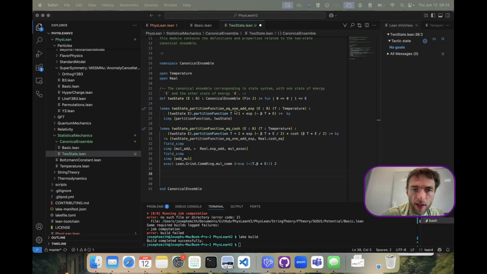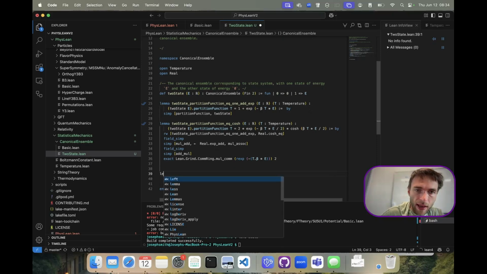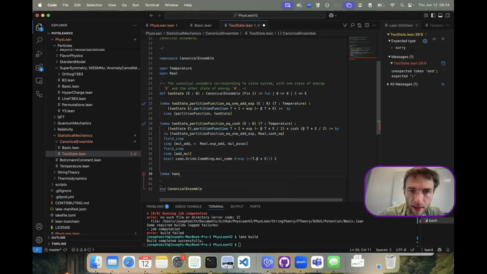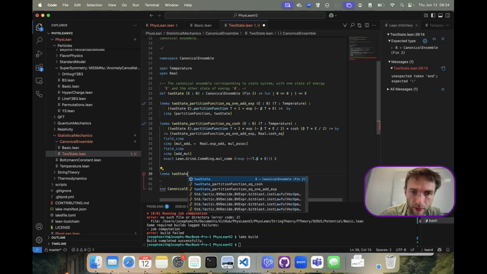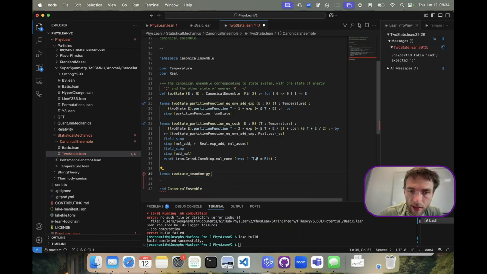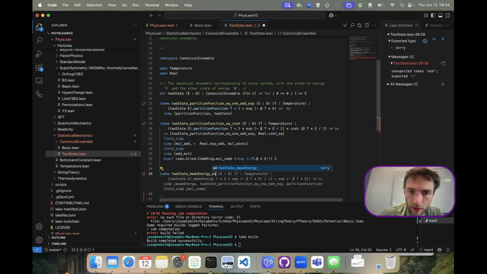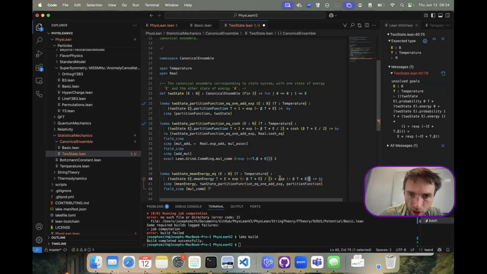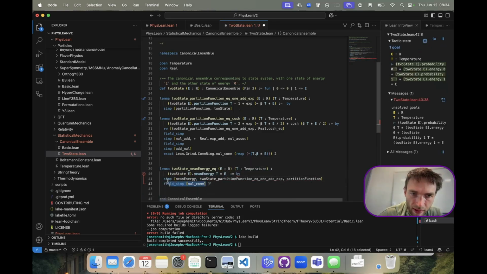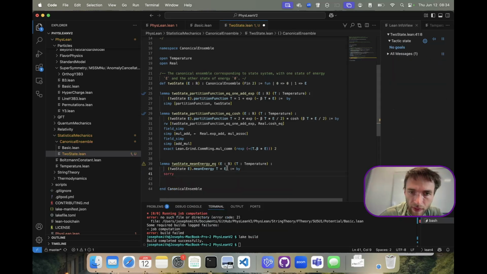So let's go lemma 2-state mean energy is equal to. So we want to show that this is equal to, let's get rid of the other stuff that GitHub Copilot put in.